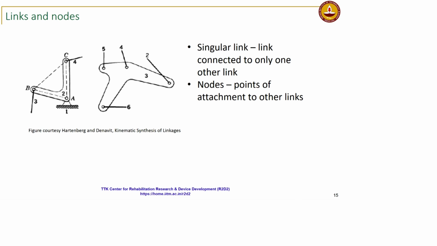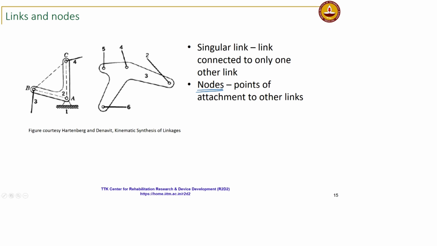Last class we looked at kinematic pairs, and we will continue with that. A kinematic chain is made up of links connected by kinematic pairs. Links are the rigid bodies, and the points of attachment to other links are called nodes.